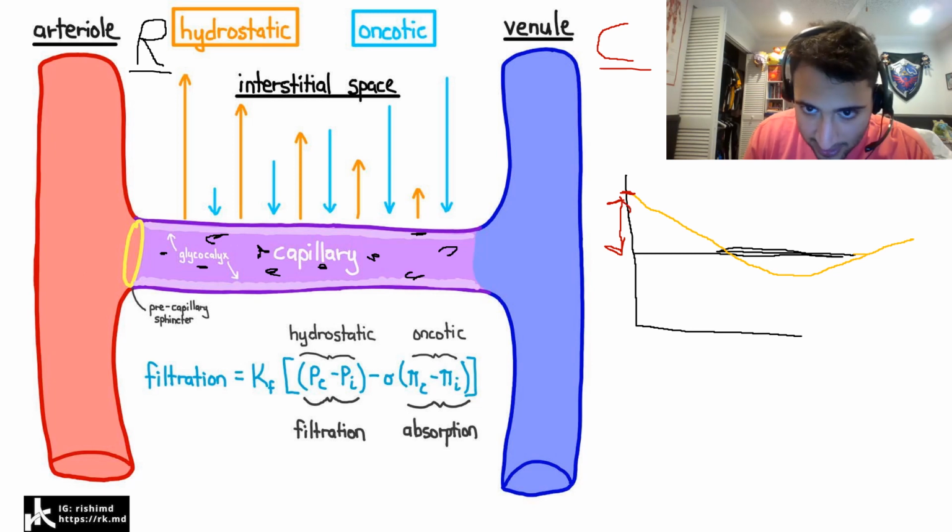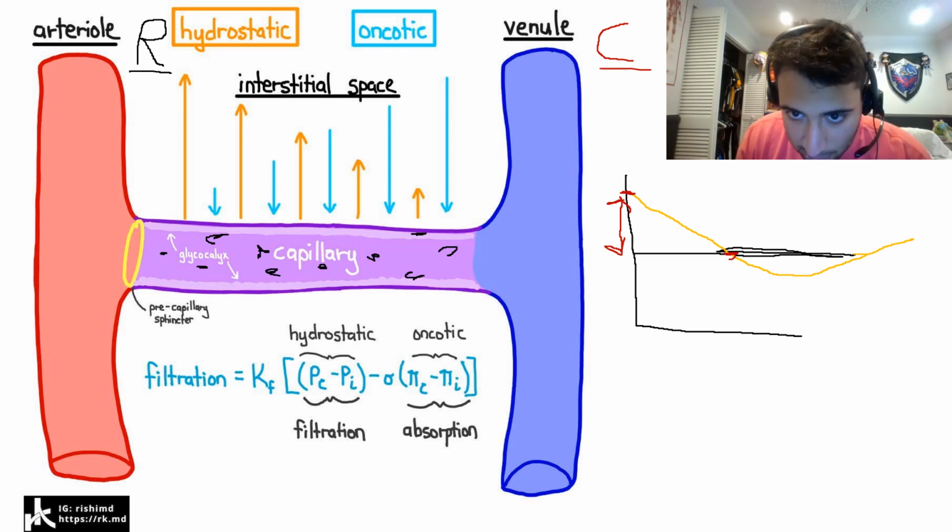Anytime the hydrostatic force is above this line, fluid is going to move out into the interstitial space. Anytime the hydrostatic force is below this line, fluid is going to move in from the interstitial space into the capillary. All right. So, as we move down along here inside the vessel, notice we have less and less fluid, so less and less hydrostatic pressure, but the oncotic pressure is staying the same.